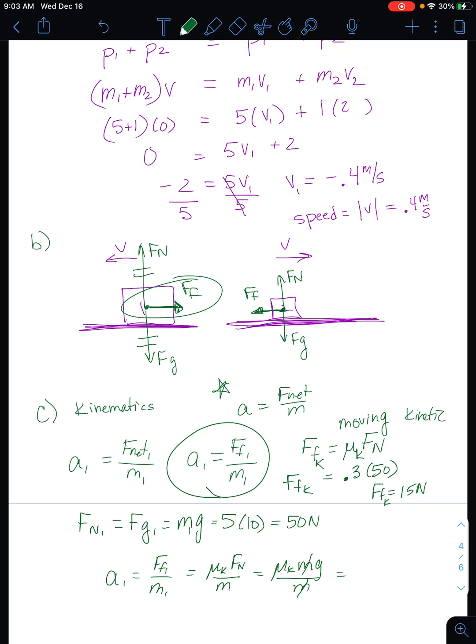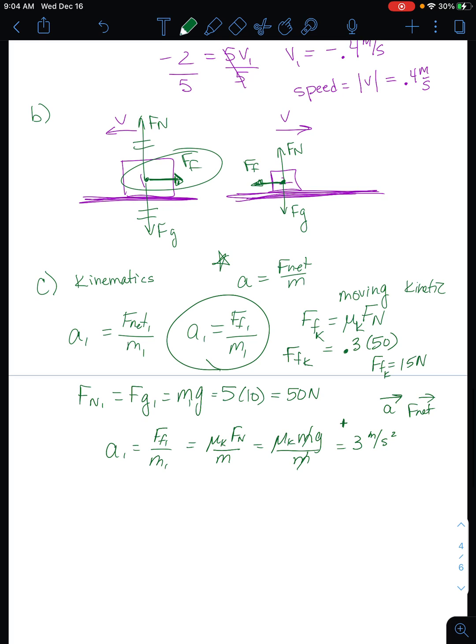And it's the same answer as 15 divided by 5. So both times I get that my acceleration was 3 meters per second squared. And now when I'm looking at this, I was using the magnitude of everything here, but notice how my friction is to the right, and so I would call this acceleration a positive value because my acceleration is to the right, because my net force of friction was to the right.